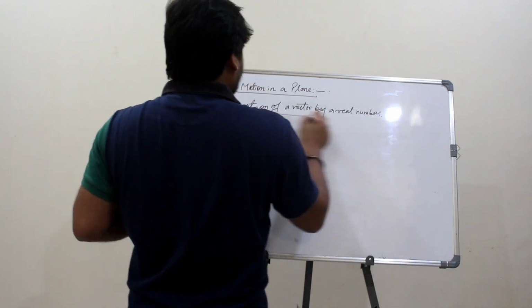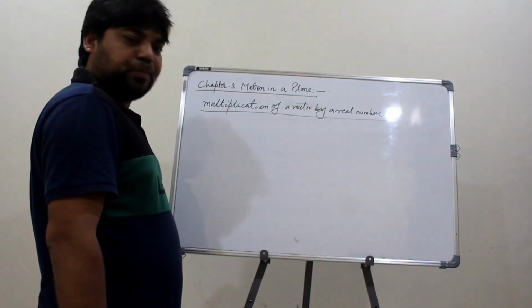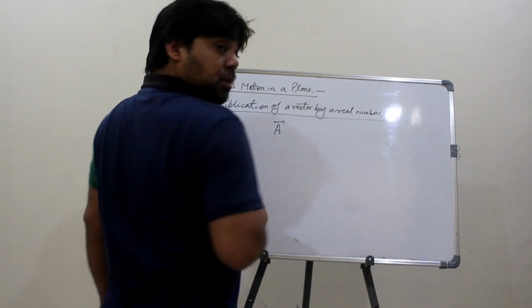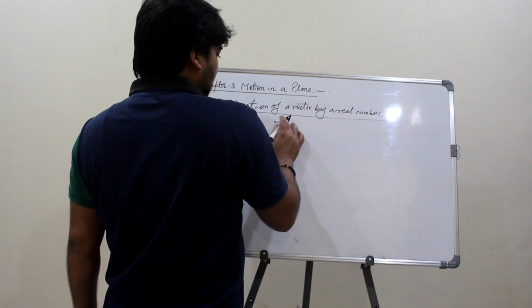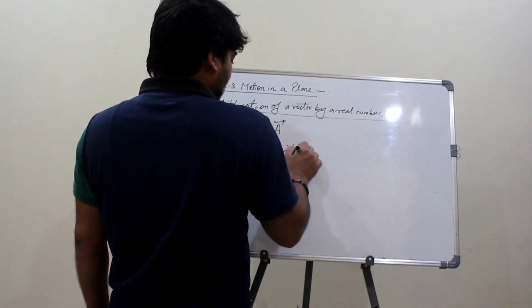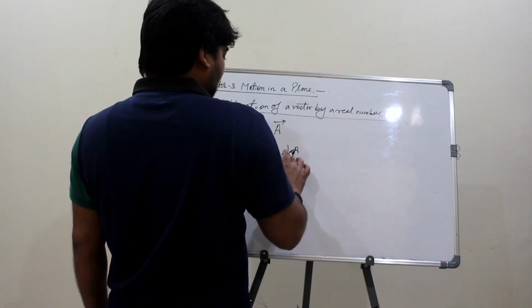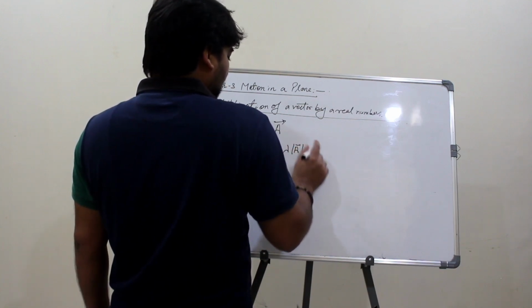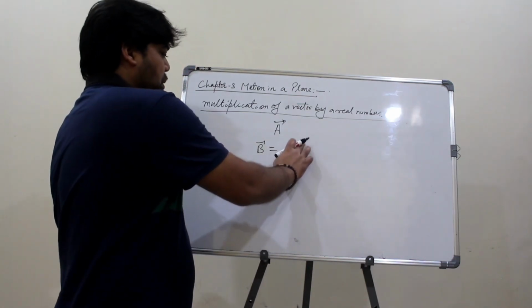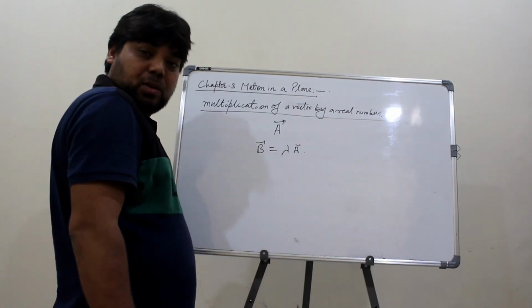Let us take A as a vector, then you define a vector B, which is lambda times A. So what does it mean?